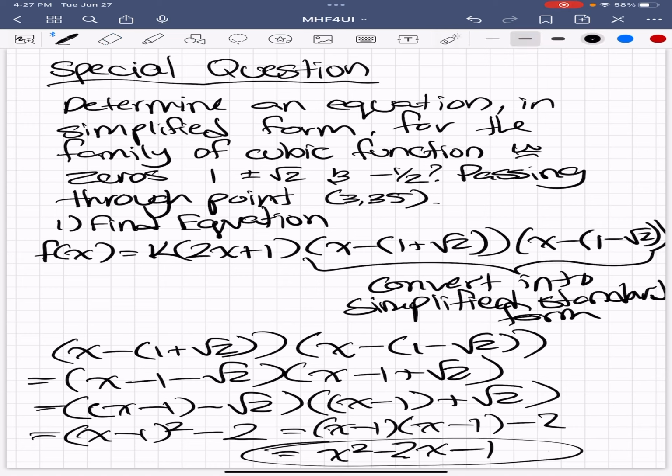It's converted into simplified standard form now. And now we're going to use this point to solve for k.